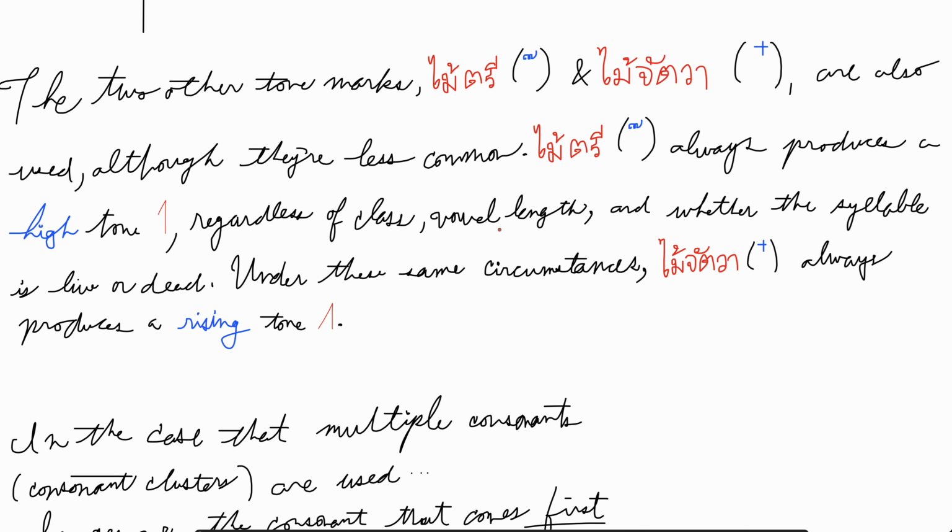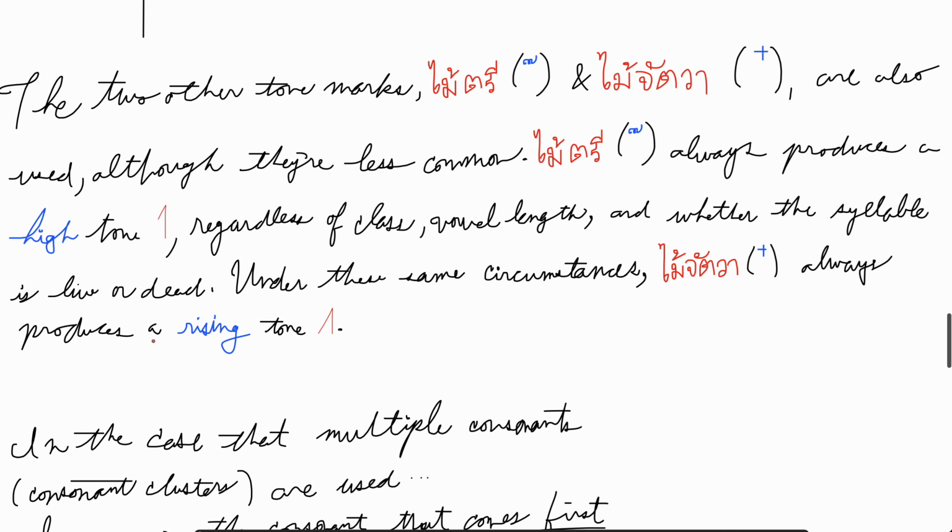So it trumps all the rules. Very powerful. Same thing with mai chattawa, but mai chattawa always produces a rising tone. So great. I might make another companion video that shows different examples, but for now, this will only go over the rules.